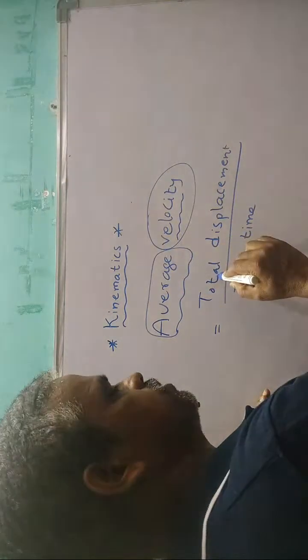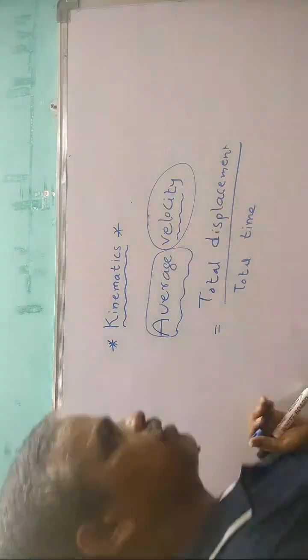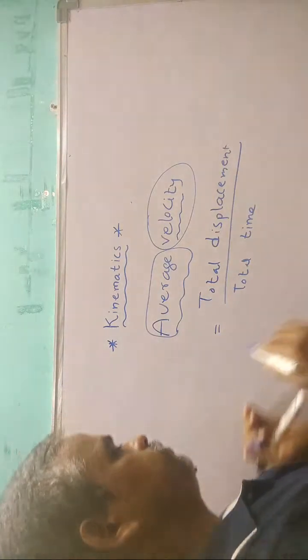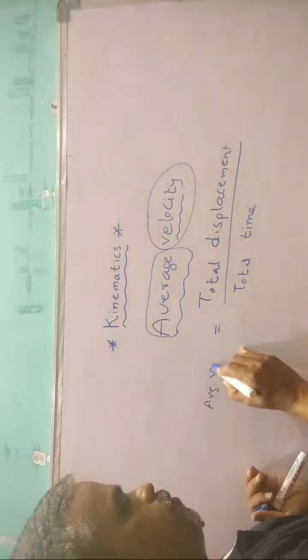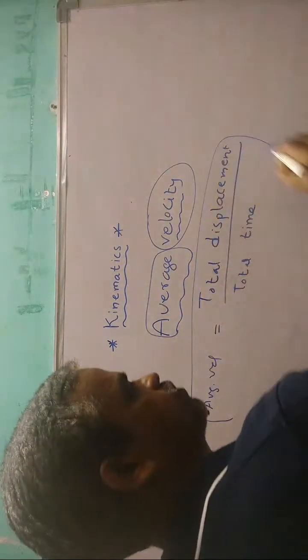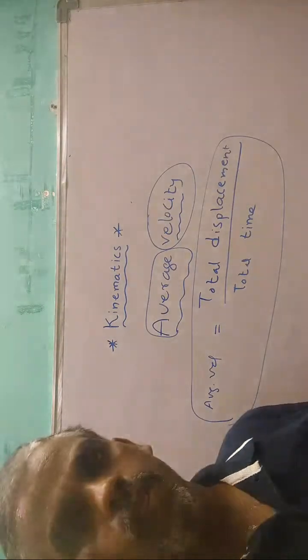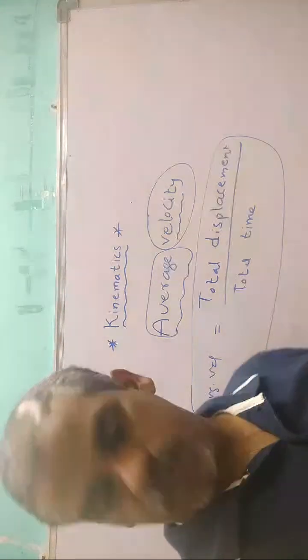Here also average velocity, total displacement by total time. So just copy this formula first. Average velocity. Copy this one first. Then I will explain.